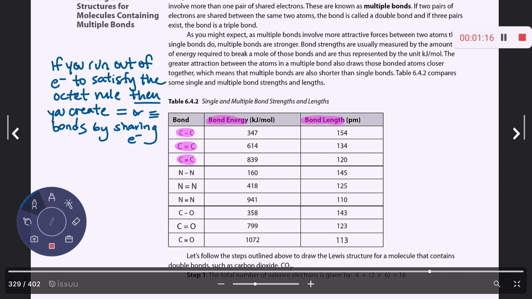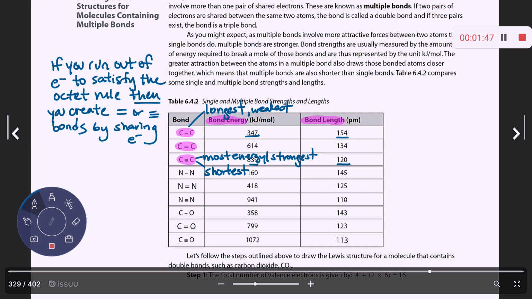So here they're showing you that the single bonded carbon is the longest, and then the triple bonded carbon is the shortest, and that we have the most energy, or the strongest, when we're talking about triple bonds, and then single bonds would be the weakest.